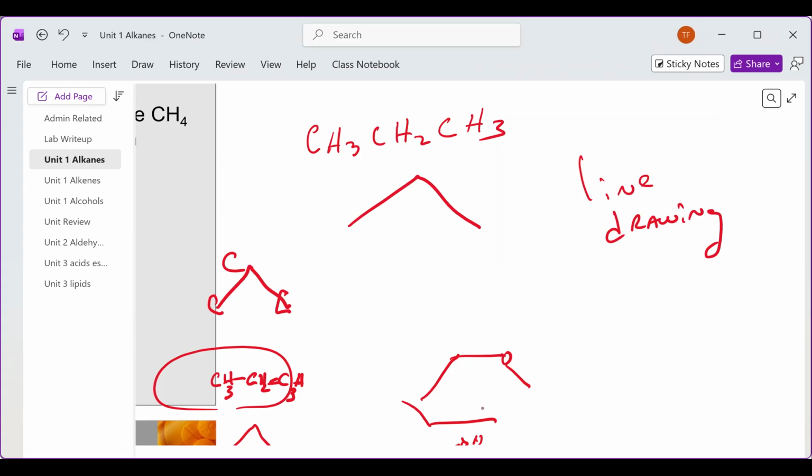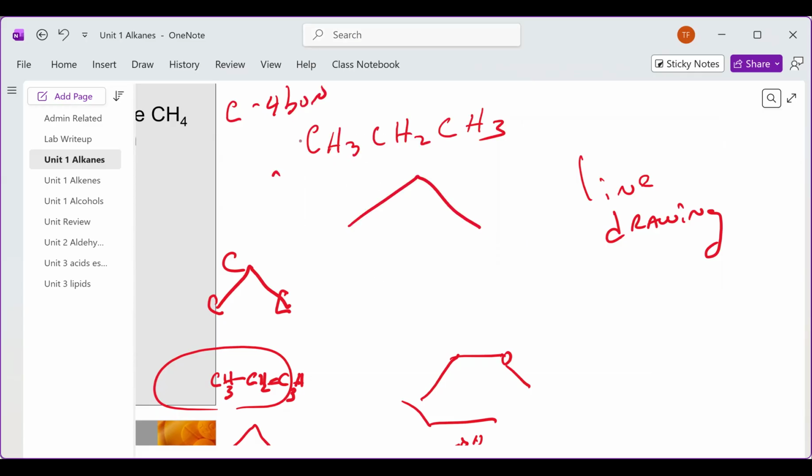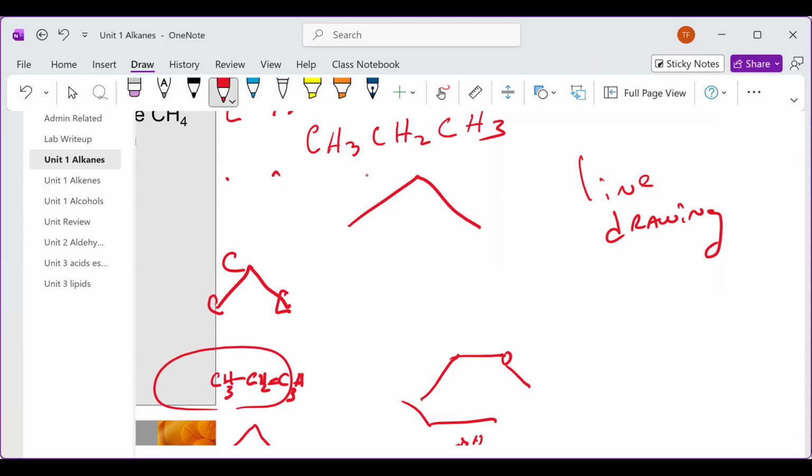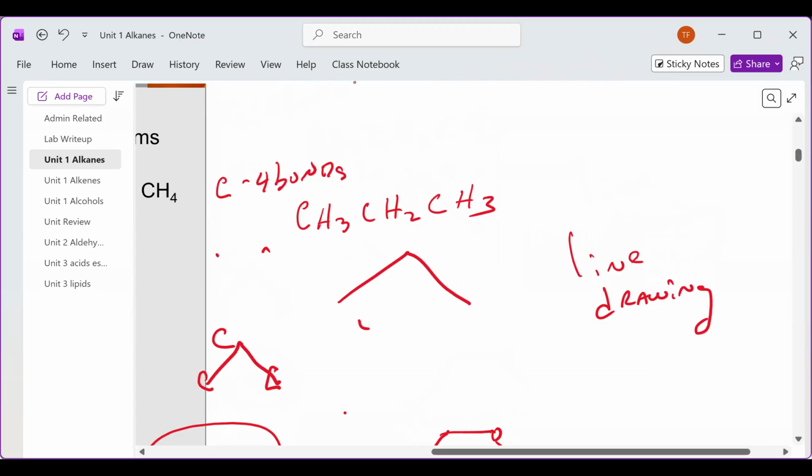The good news on the line drawing is you have to understand that carbon has 4 bonds. Oxygen has 2.